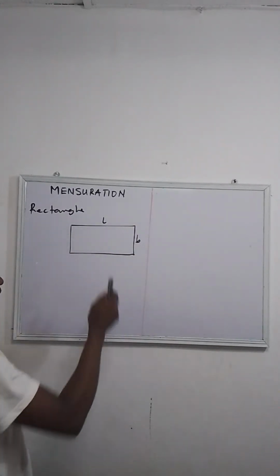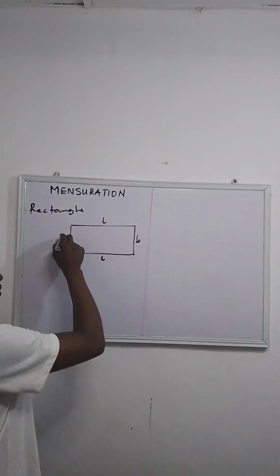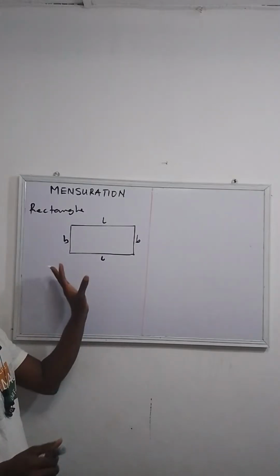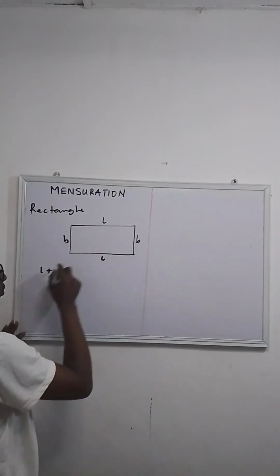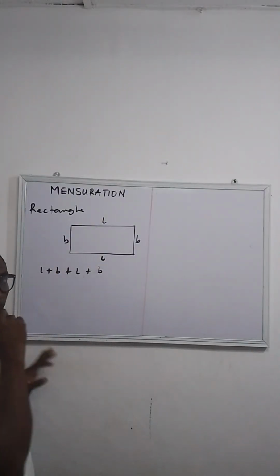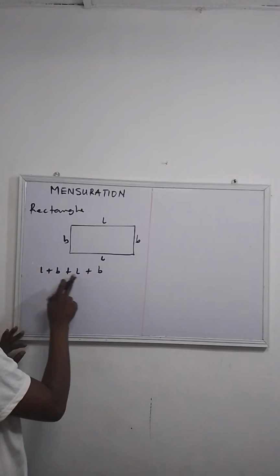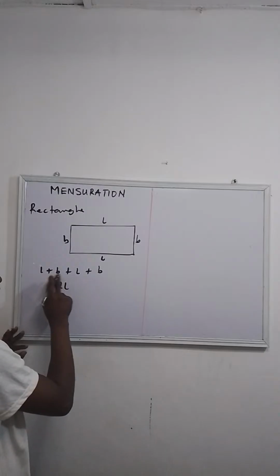Don't forget we have two lengths in a rectangle and we have two breadths. So the perimeter here is going to be L plus B plus L plus B. So when you add the lengths together, we have 2L.